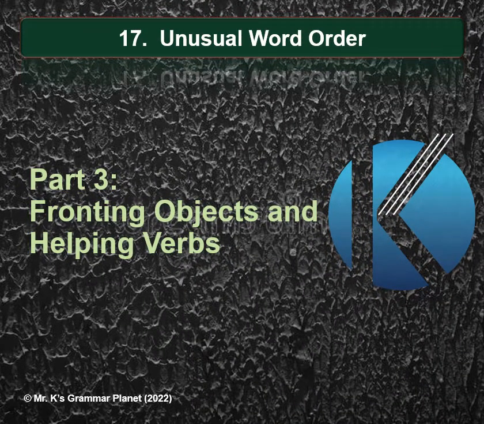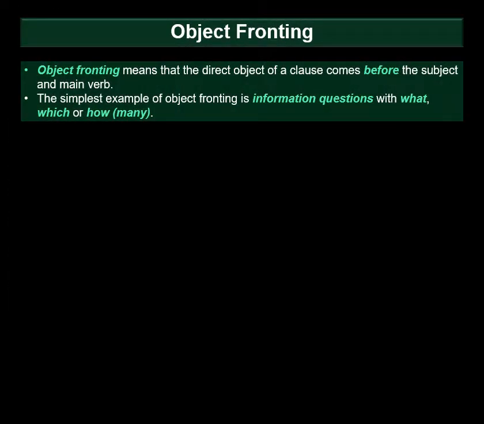Now let's look at part 3 of today's lesson, fronting objects and helping verbs. Object fronting means that the direct object of the clause comes before the subject and main verb. The simplest example of object fronting is information questions with what, which, or how many.